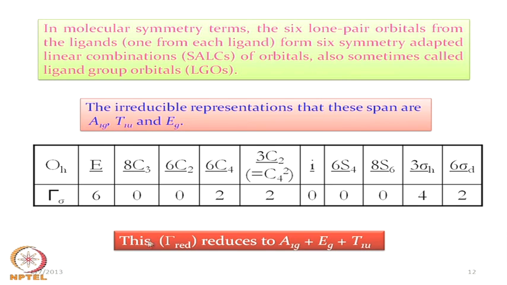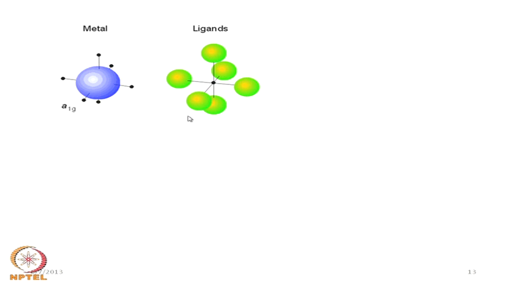So, this reducible representation will reduce into A1g, Eg and T1u. This gamma sigma will give us these 3 levels, and we will now locate these 3 types of symmetry levels for the different sets of orbitals.